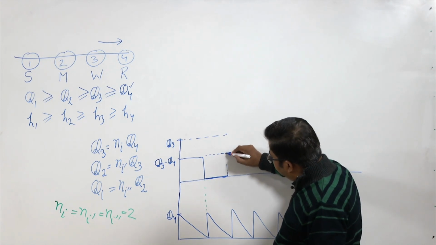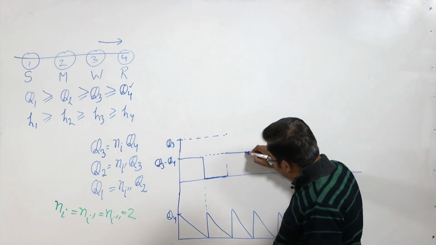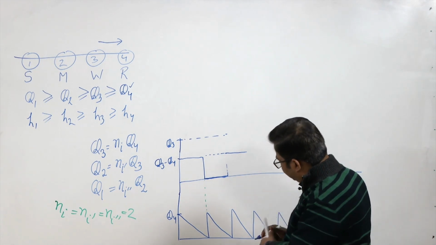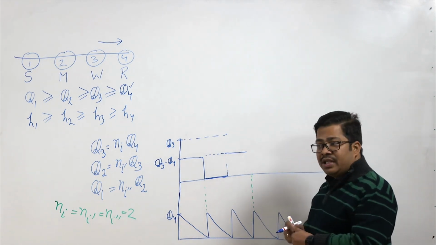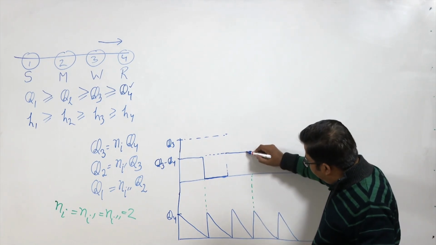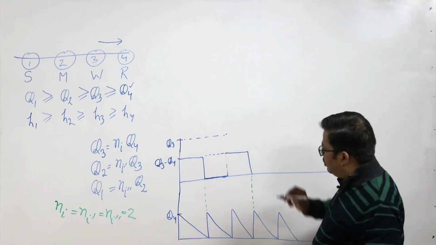I will carry this inventory for one more cycle of stage 4, and then this inventory will come to 0.